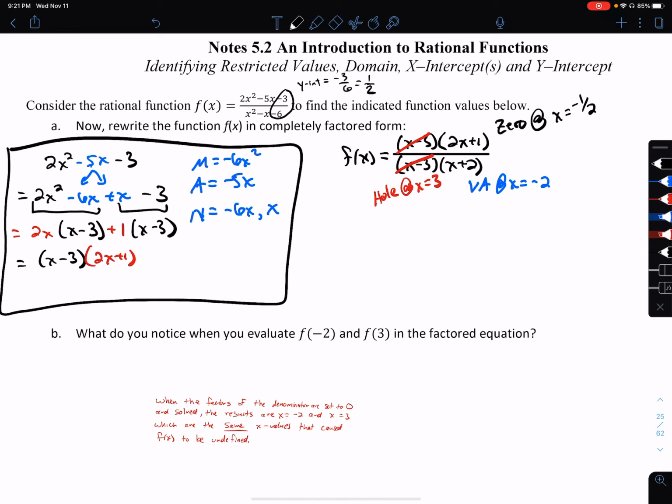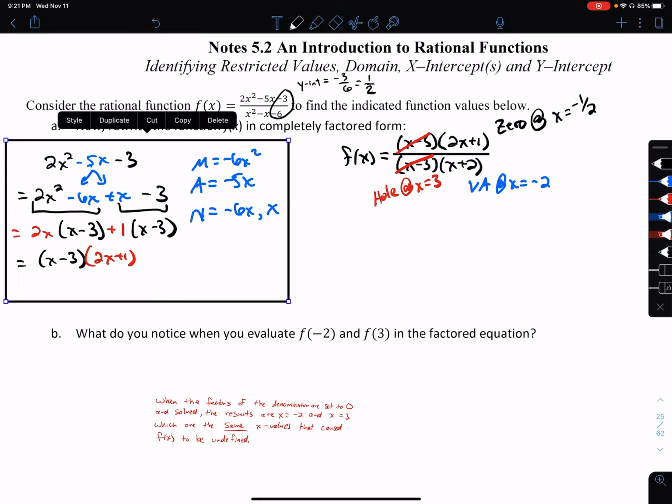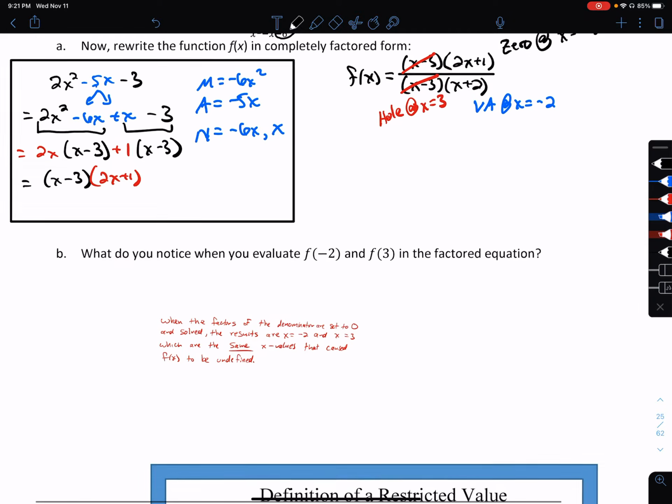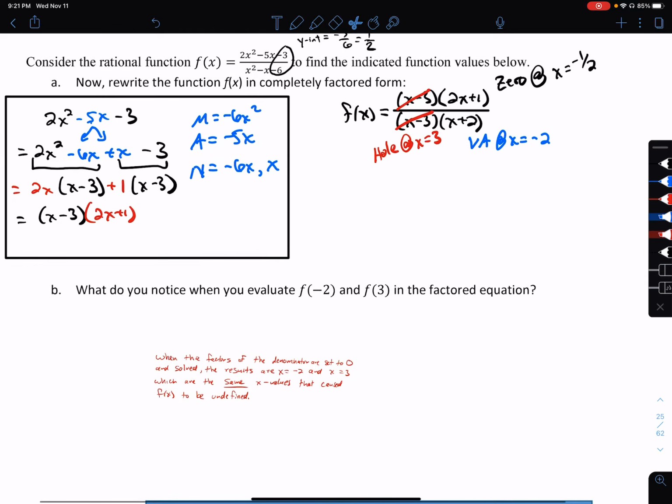This over here is all side work for me to be able to factor the numerator. What do you notice when you evaluate f of -2 and f of 3 in the factored equation? Well, if I put a 3 into this factored equation, I'm going to end up with 0 times something. I'm going to have 0 on the top as well.